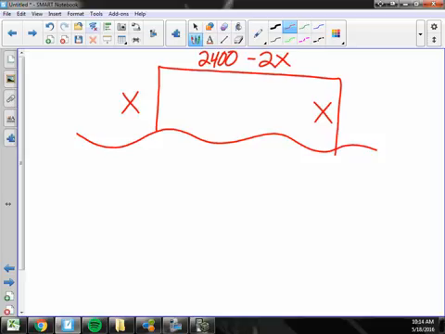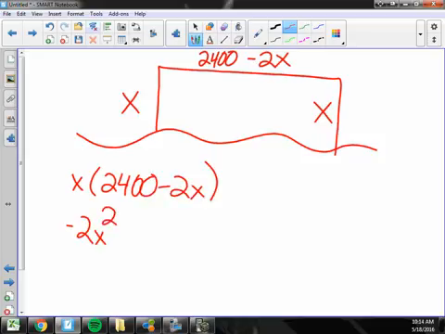So the area is going to be x times 2,400 minus 2x, which is negative 2x squared plus 2,400x. Thank you.